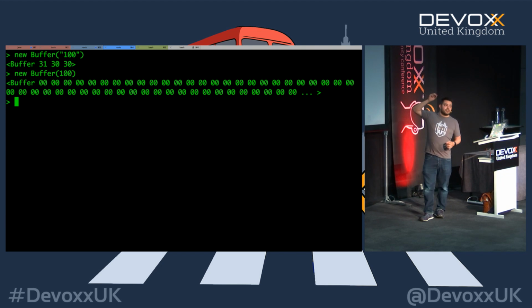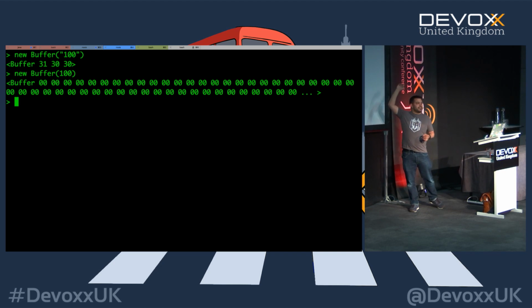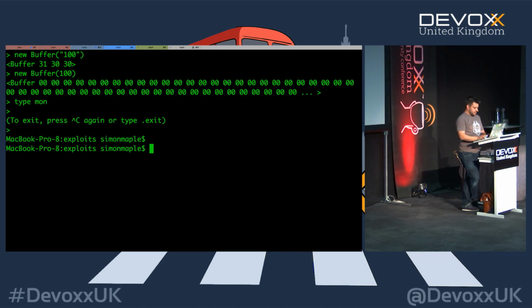Now, I think it's fixed beyond Node 4. In Node 4, this would give me a whole bunch of information in these memory slots. And at this point, this is actually the Mongoose issue. I need to break out of that quick. Type mon3. Oh damn.